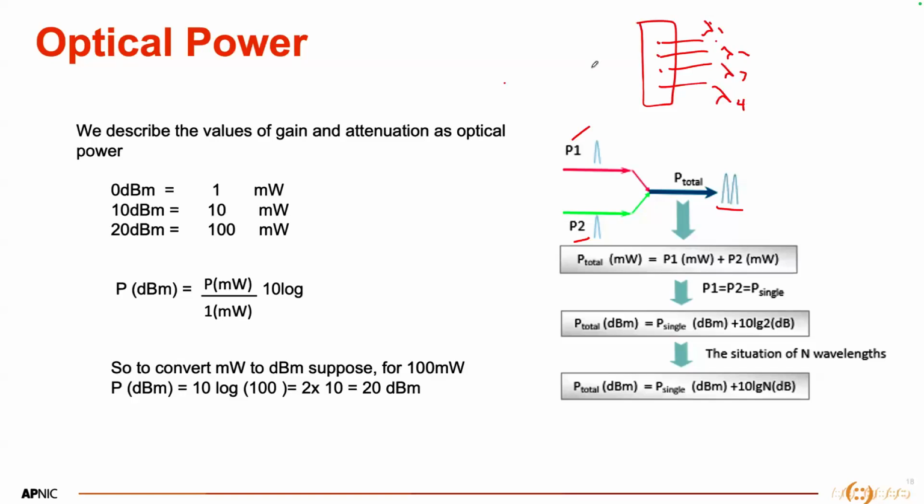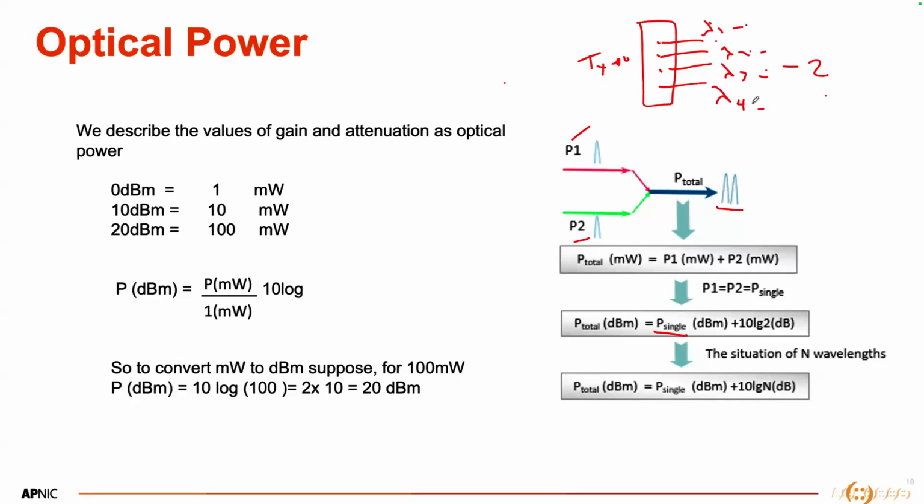The launch power, the TX power, so all of the lambdas have the same launch power. Suppose here, maybe they will have minus 2 dB launch power, right? So all the lambdas will have the same power, P single. P single means the power of each lambda, right?